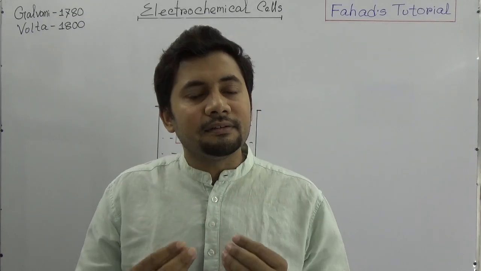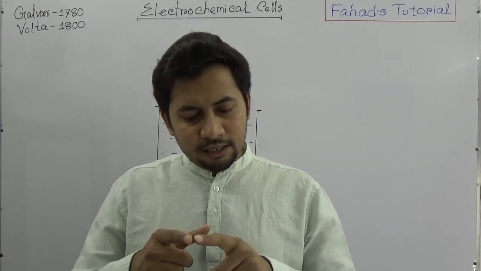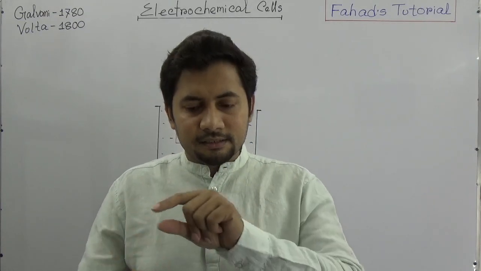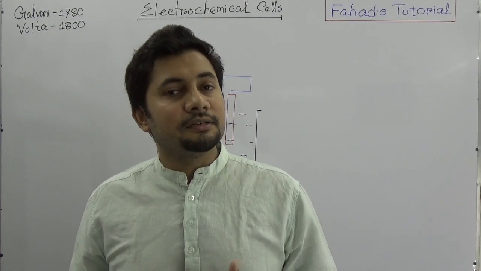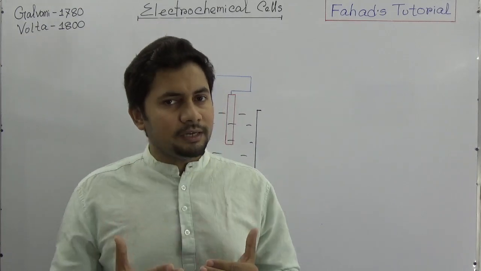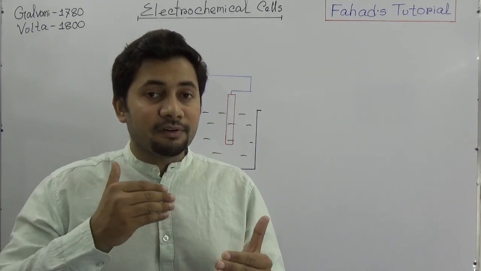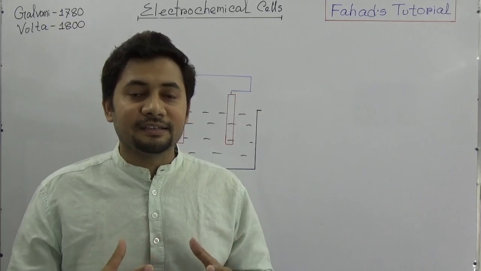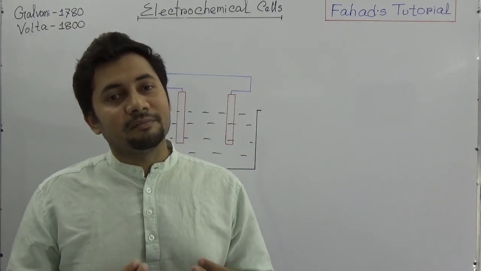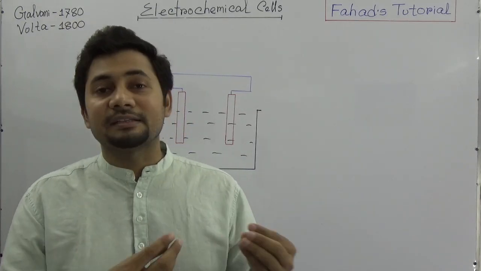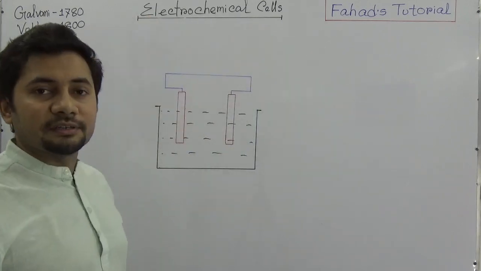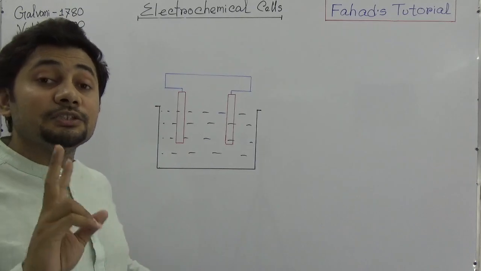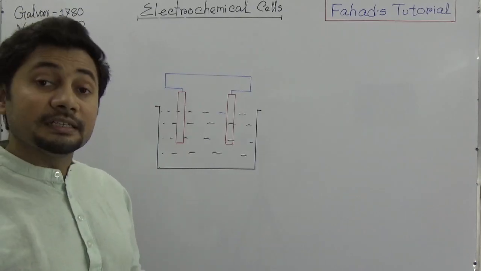So that invention says that if we can contain the electricity, we know that electricity is nothing but the flow of electrons, but when we engage chemical reactions into it, then it turns into electrochemical reactions and electrochemical cells. So as we study electrochemical cells, we need to know there are two types of electrochemical cells.